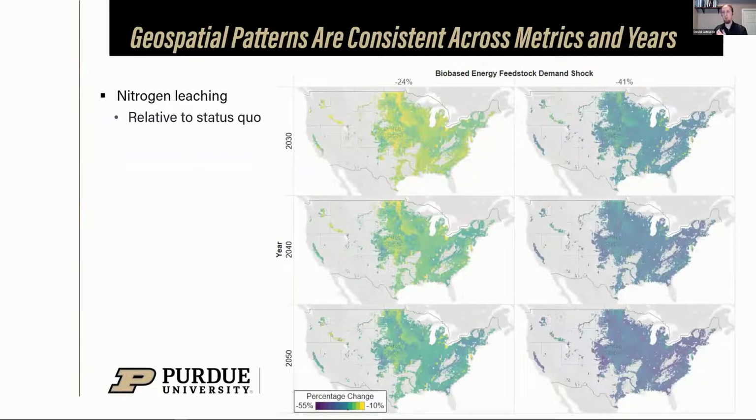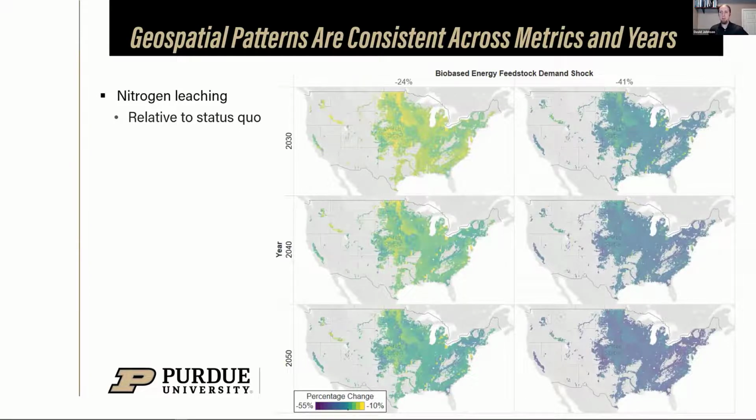That would keep nitrogen leaching at 2020 levels in aggregate to the year 2030. And then on the right-hand pane, we're looking at the 41% reduction. The map is a little bit more sparse out west, again, because we're just focusing on corn and soy production, where there's not as much in the west compared to some of the maps that you were seeing of the all crops results in previous presentations.